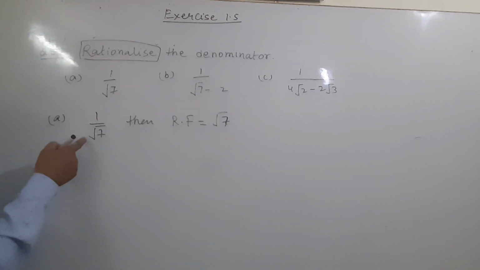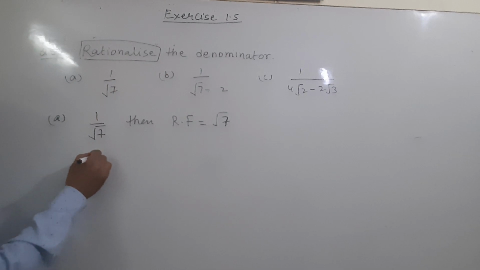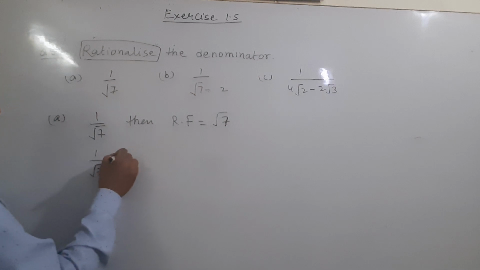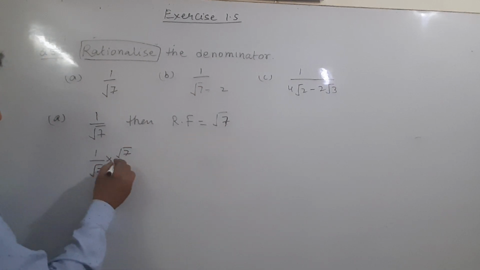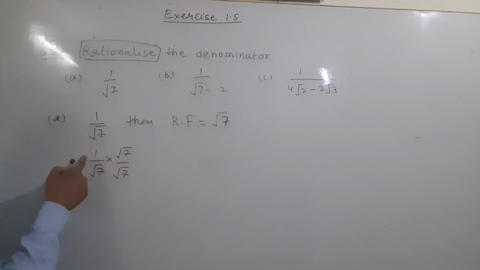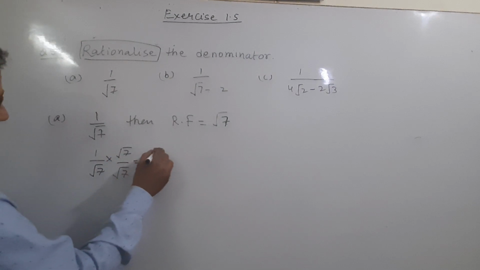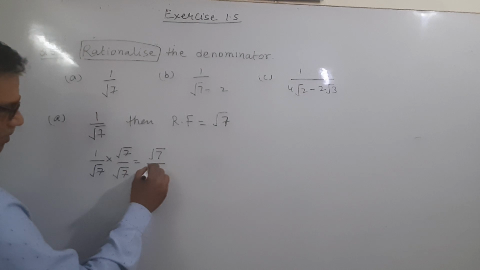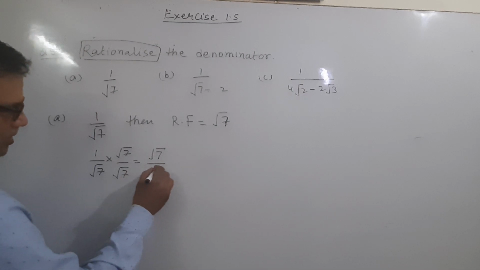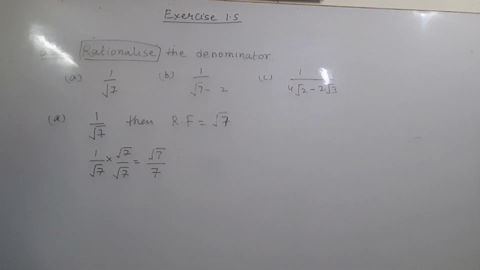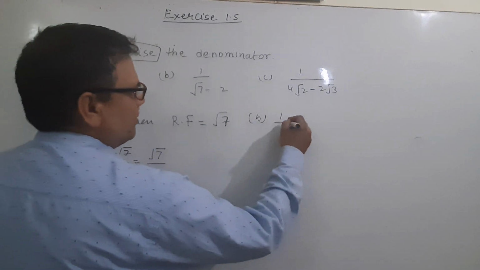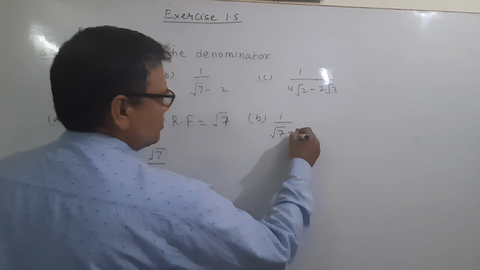We have to multiply root 7 to the numerator and root 7 to the denominator. 1 multiplied by root 7 is root 7, and root 7 into root 7, I think you know very well, is 7. Simplify we can write.